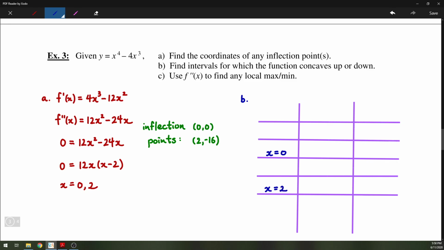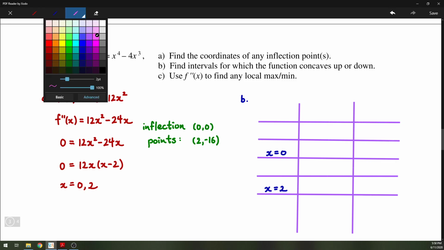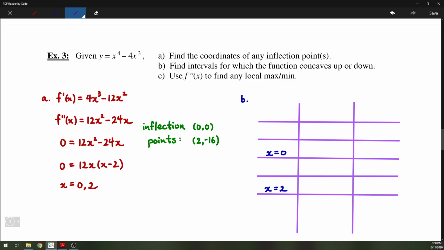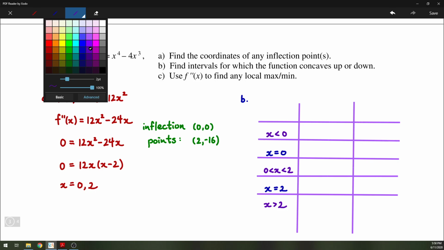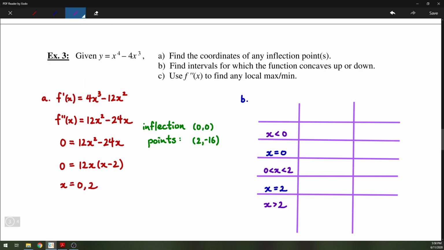So the intervals really are going to be x is less than 0, and then if x is between 0 and 2, and finally when x is greater than 2. So we can examine whether the second derivative is positive or negative at those points, and then from there, whether the graph is concaving upwards or downwards.